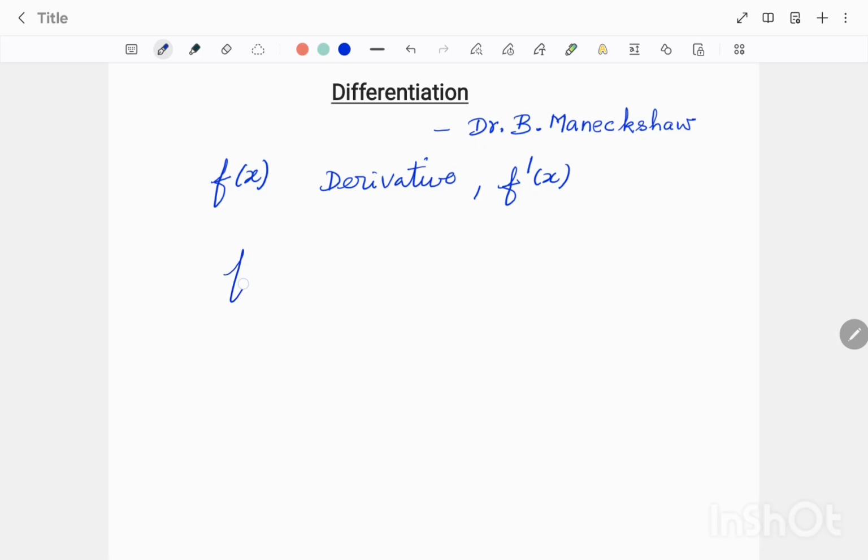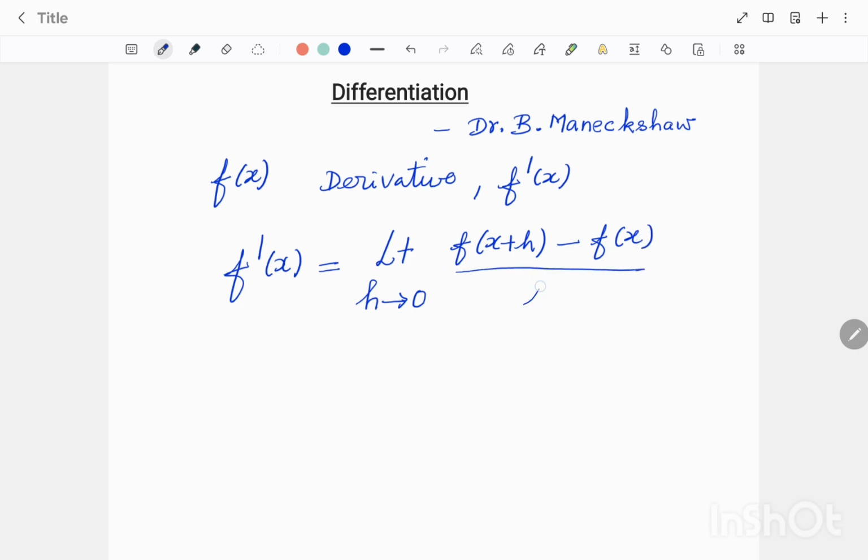The definition says f dash of x is equal to limit h tends to 0 of f of x plus h minus f of x divided by h.